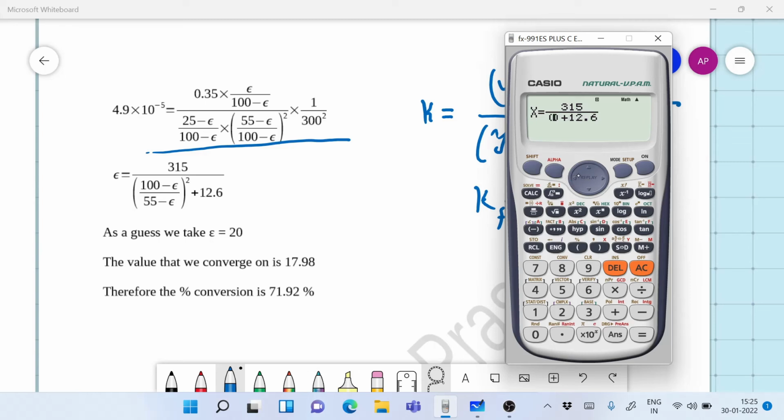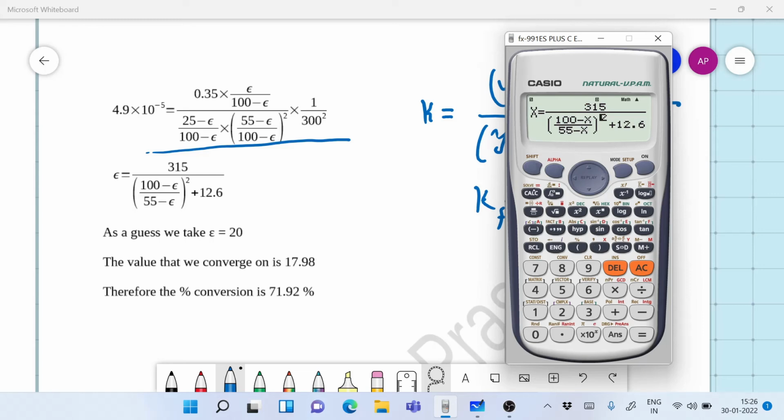Here we have it. This is going to be the square of that. And then we have a fraction here, that's going to be 100 minus alpha x, and that's going to be 55 minus alpha x.